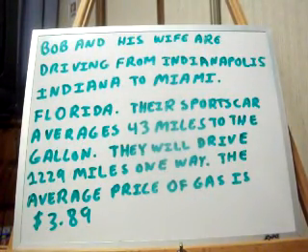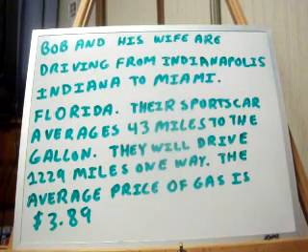If we do, we get the number 57.16. Now, what is 57.16? Well, that is a little over 57 gallons of gasoline that they're going to use on this round trip.